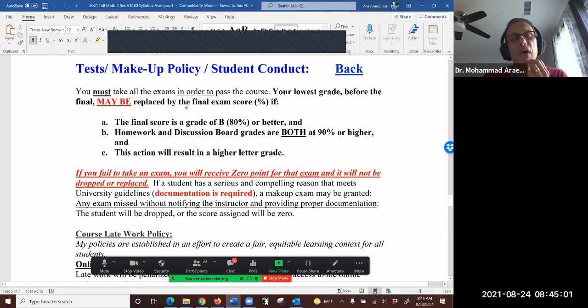As far as your final course grade is concerned, the first 4 exams, if any of them is not that good, I will replace your lowest grade before the final with the final score, as long as the final score is B or 80% or higher, homework and discussion board grades are both at 90% or higher, and more importantly, this action will result in a higher letter grade. In other words, if I change that, but your grade remains the same, it defeats the purpose.